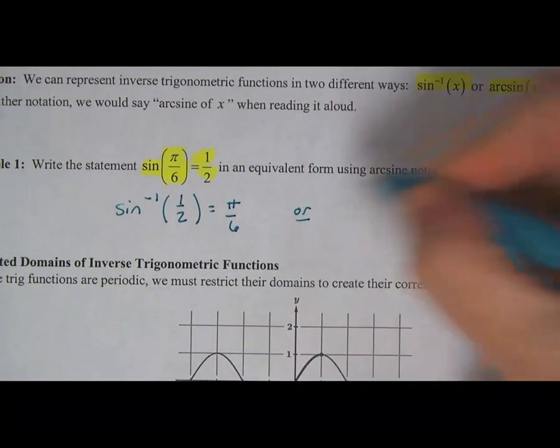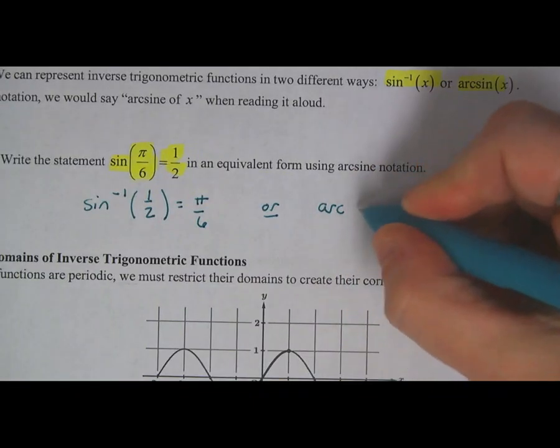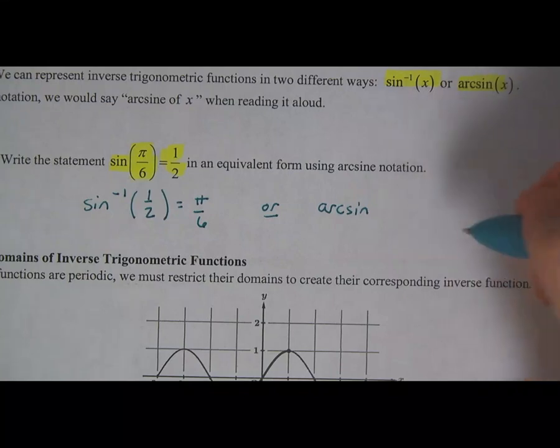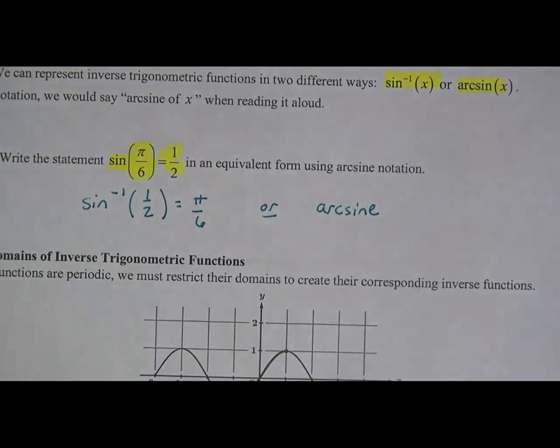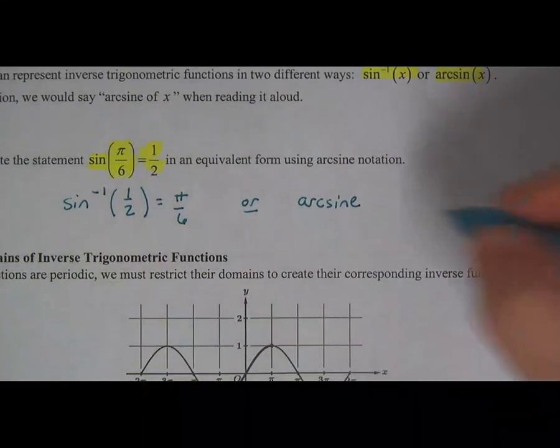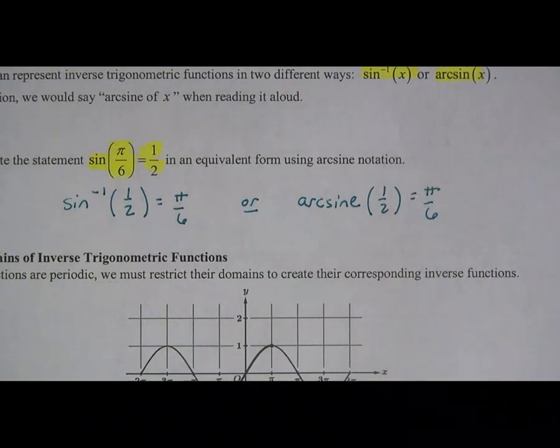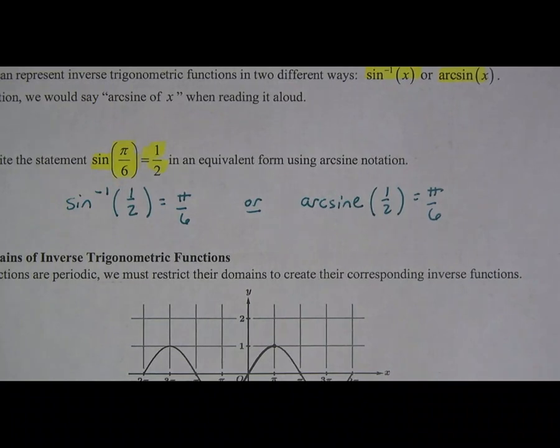Or you could actually write out arc sine of 1/2 equals pi over 6. Either of those is acceptable. When you say it out loud, say arc sine, and it sounds smart. Okay.